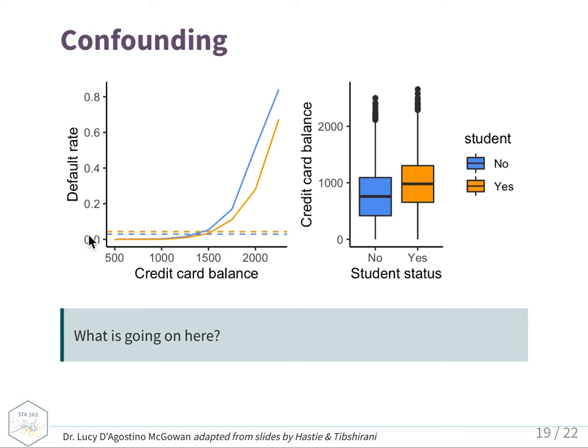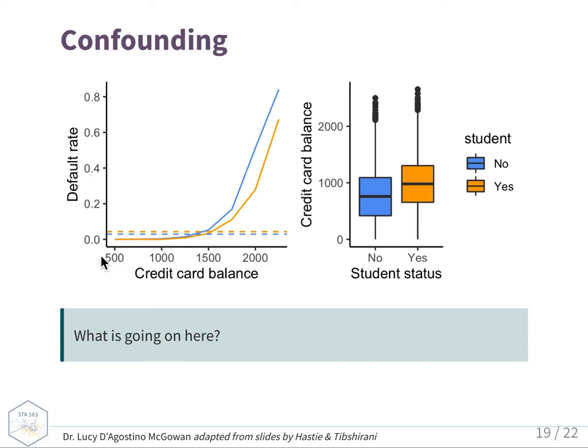The blue represents those that are not students, and the orange represents those that are students. If I look at the difference between those two dashed lines, it looks like students in the orange are more likely to default than non-students. Their default rate is higher. The orange line is above that dashed blue line. So when I look at it in the univariate sense, with just the one variable, that's what I see.